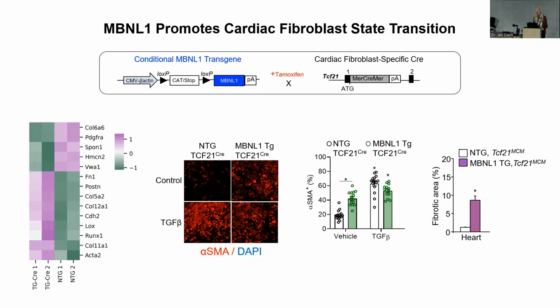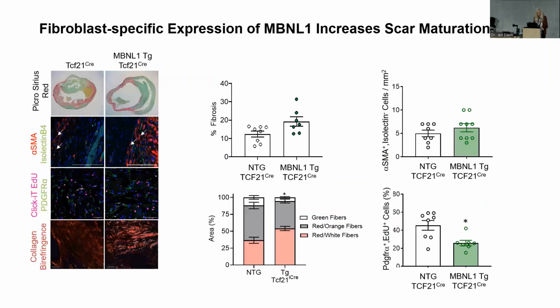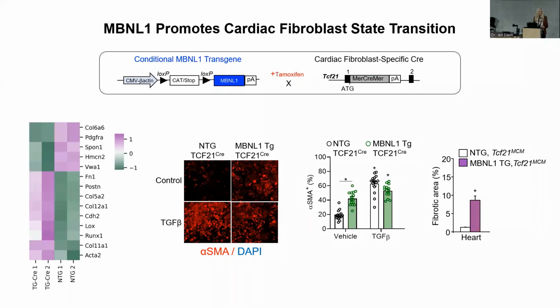And those genes include an upregulation of ACTA2, lysyl oxidase, which is a cross-linking enzyme. Several of the collagens were upregulated. And of course, we saw an upregulation of periostin and fibronectin, which is a classic hallmark, again, of the myofibroblast population.